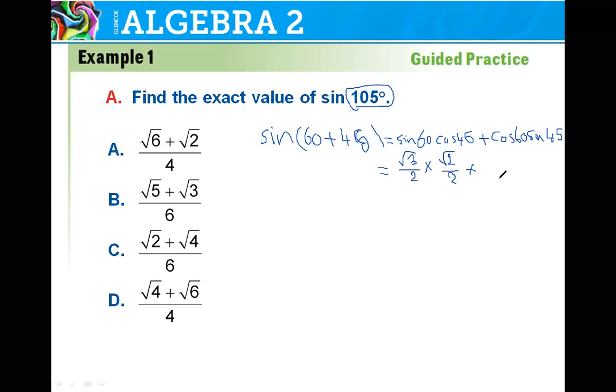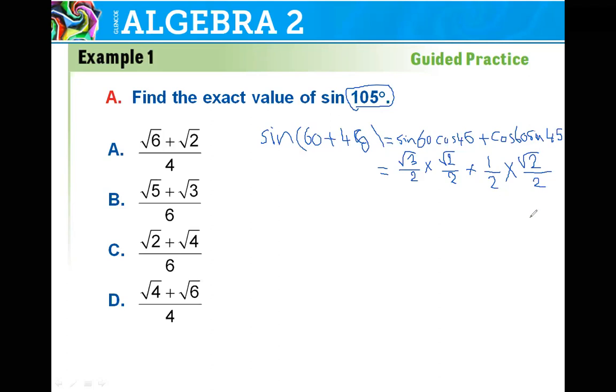Plus cosine 60 times sine 45. Cosine 60 is half, 1 over 2, multiplied by root 2 over 2, and we get the result.